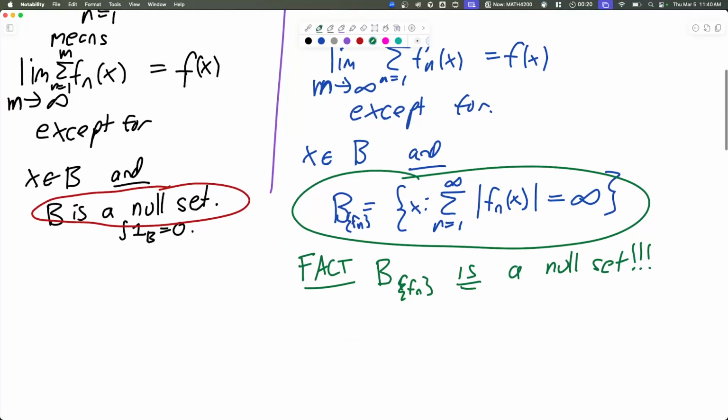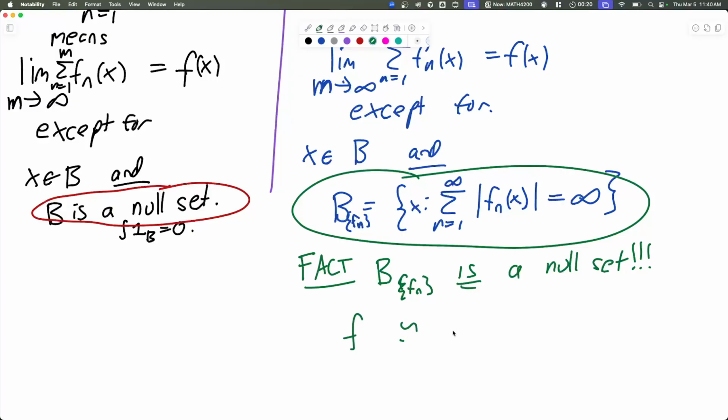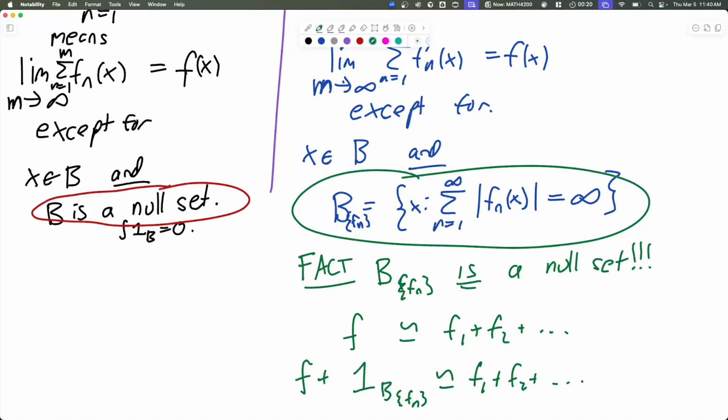It starts with, okay, we had f is equal to all this stuff, f1 plus f2 plus ... And it turns out f plus the indicator of B sub Fn is also equal to this stuff. When you add on the indicator of the B sub Fn's, most of the time you're adding on 0. The only time you have changed the value of the function is when these things add up to infinity, and that doesn't count.